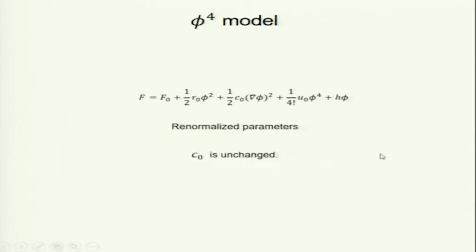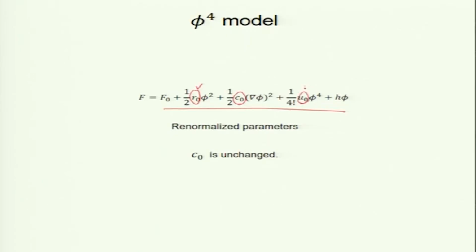Just to recap, we were working with phi-4 theory, where the free energy is this. Phi is the spin field, and r naught, c naught and u naught are parameters.